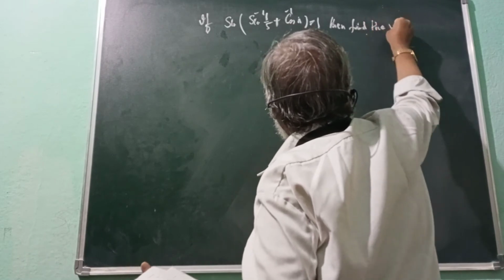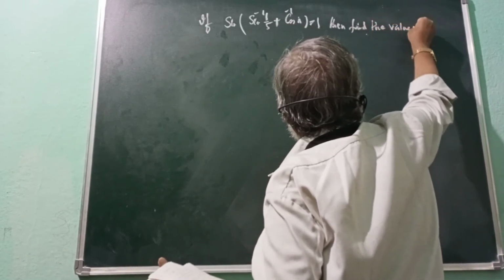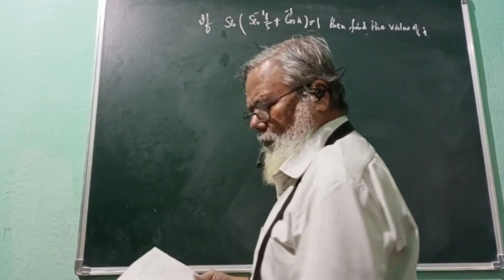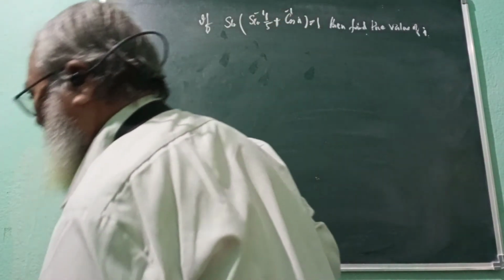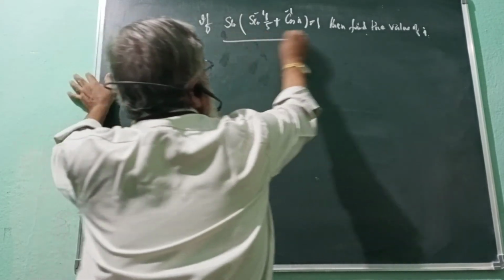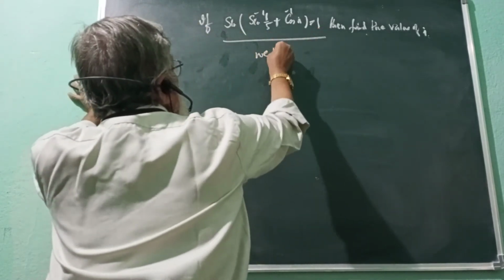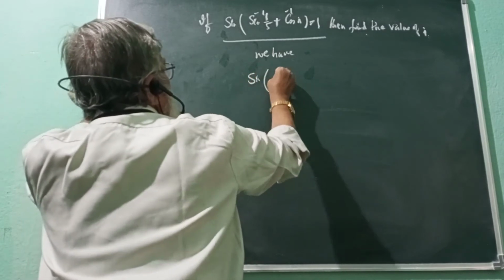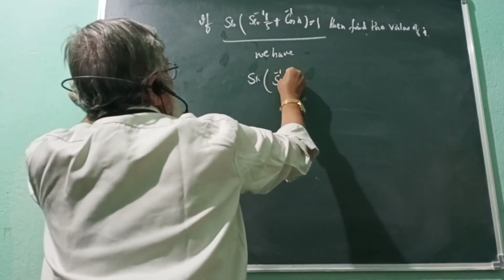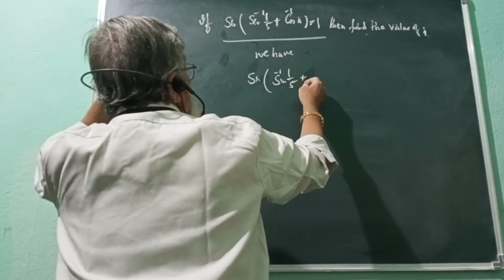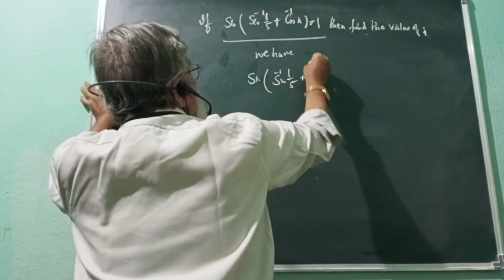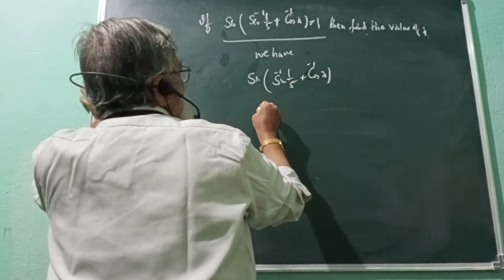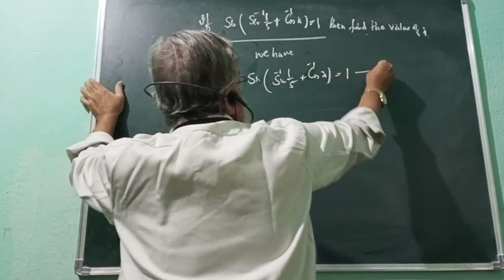Find the value of x. This is there. Now, let us solve this. Here, the given problem is sin of sin inverse 1 by 5 plus cos inverse of x is equal to 1 given here.